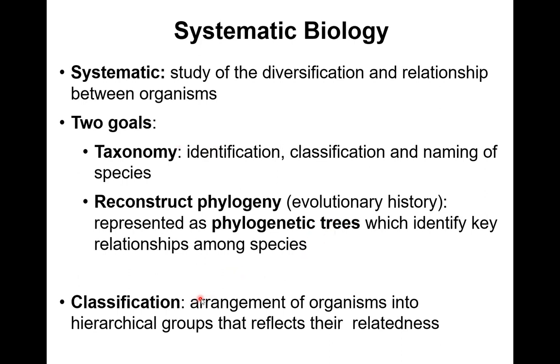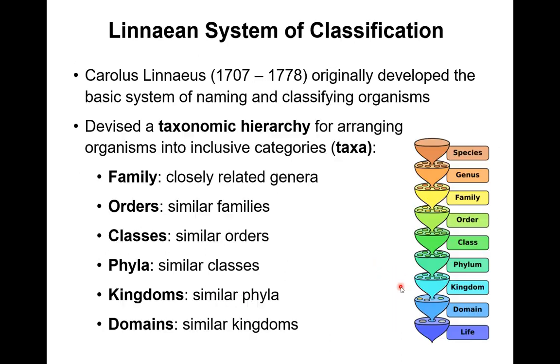Now this leads to what is called classification, where all the organisms are put in hierarchical groups. The system that has been used since the 1700s and is still used nowadays, even though cladistics is planning to change it, I will talk about that later on, is the system that was proposed by Carolus Linnaeus, which basically placed all different organisms based on morphological similarity and later on also evolutionary relationship into fixed groups, categories referred to as taxa.